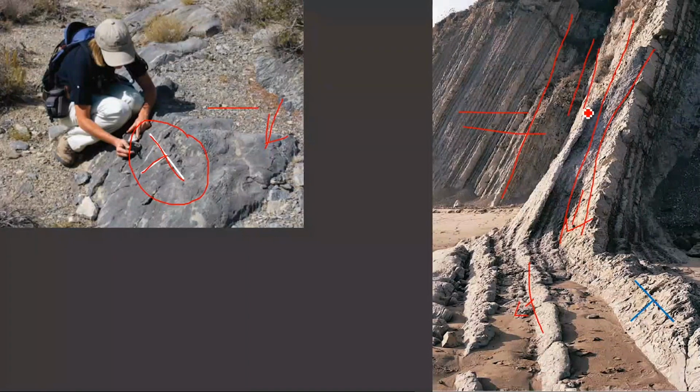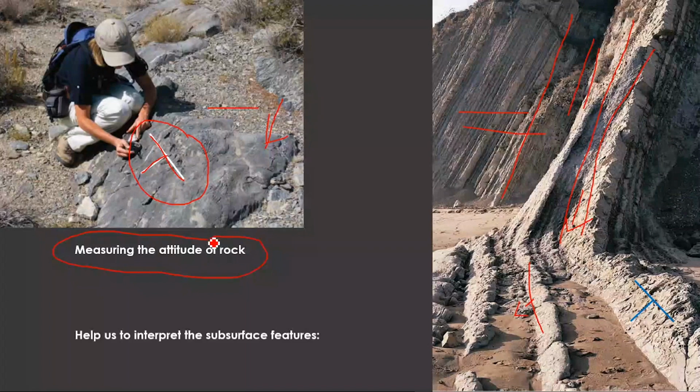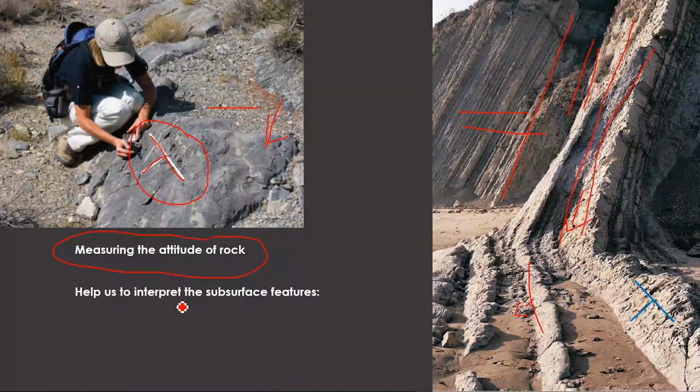These are the indications of what rock types would be there below the surface. This we call an outcrop, and we measure the characteristics of this outcrop. Measuring the characteristics of an outcrop helps us to interpret the subsurface features. What are those features which can be there? There may be a fault, there may be a joint, or there may be an unconformity. So below the surface of the earth, there are a number of different varieties of structural features we can expect.